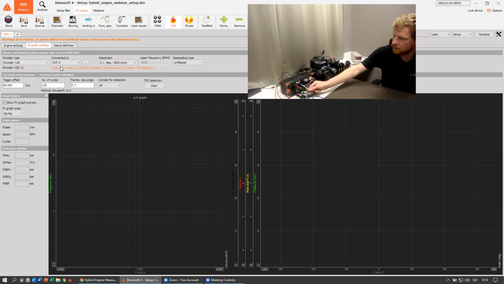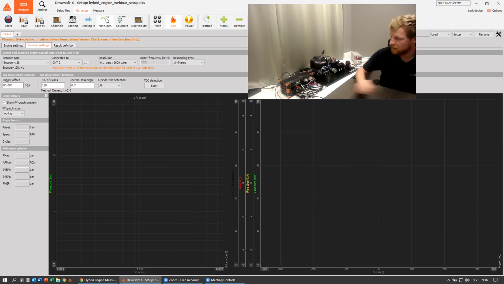both the angle sensor and the pressure sensor are on the same slice, because we are doing TDC detection in channel setup. So in channel setup, the slices are not synchronized. They are only synchronized when we go into the measurement. So this means that if you would have the pressure sensor on the other slice, we could have some delay between the signals.